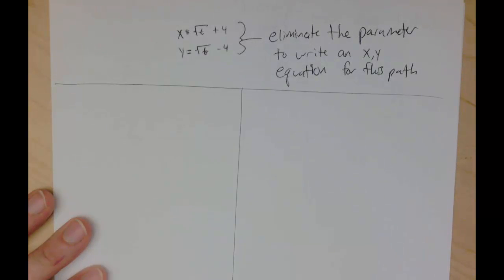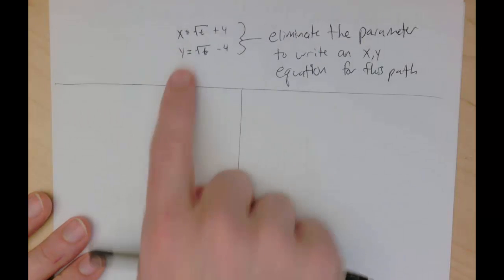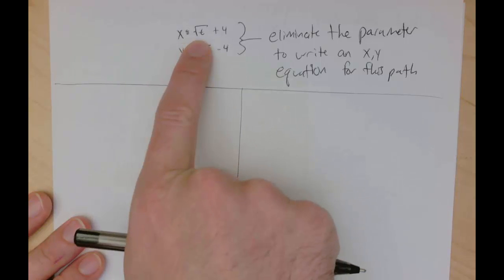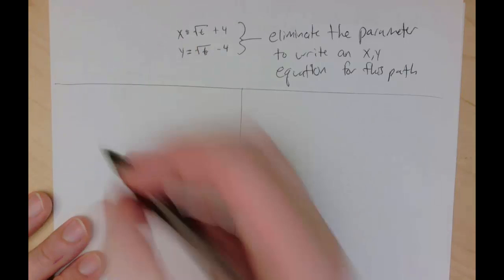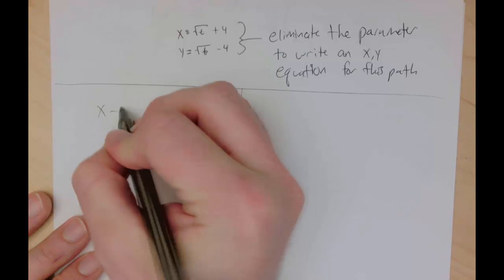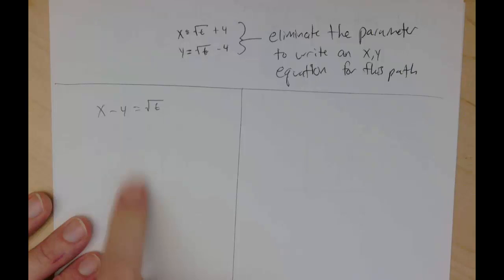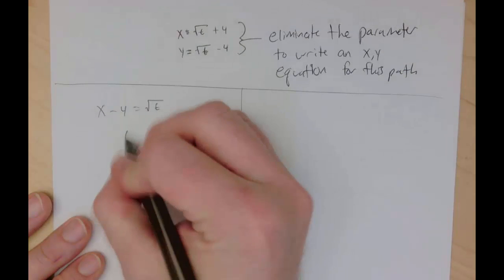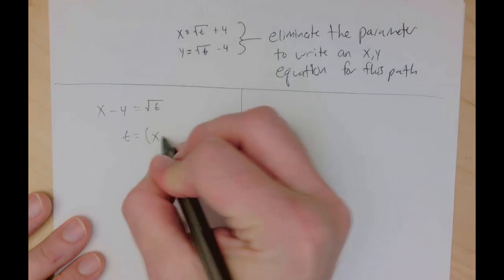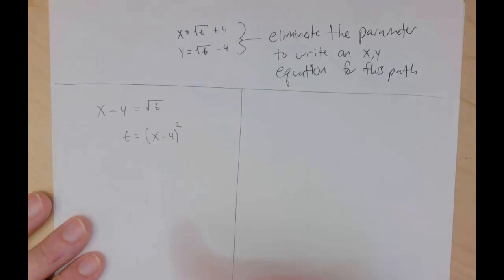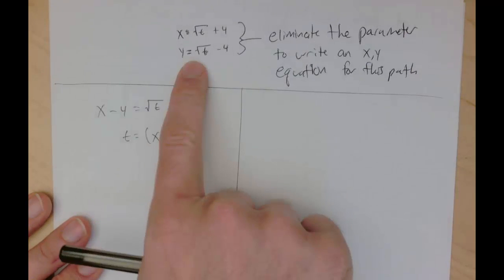All right, if I'm going to use substitution, I'll isolate the t variable in the x equation. So I've got x minus 4 equals root t, because I just subtracted 4 from both sides. Now I'll square both sides, and that gives me t equals quantity x minus 4 squared. Now I can plug that into the y equation.